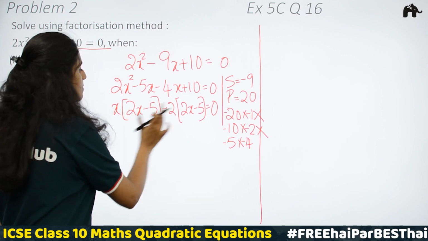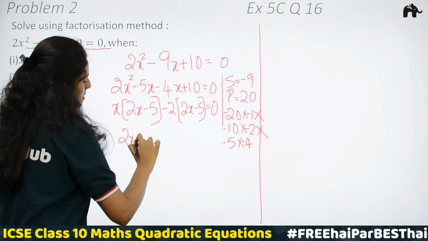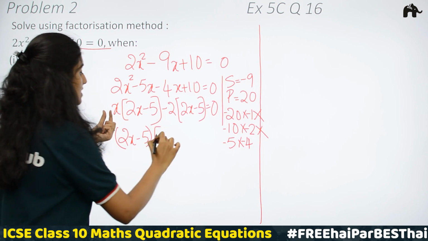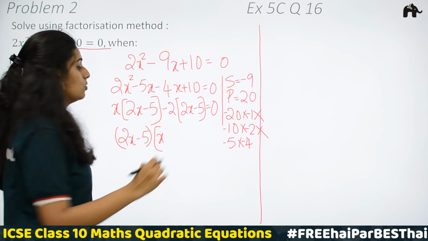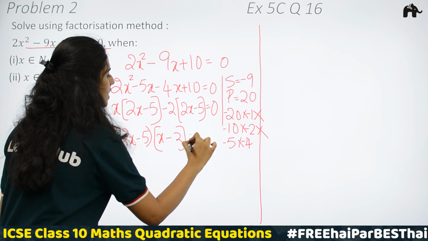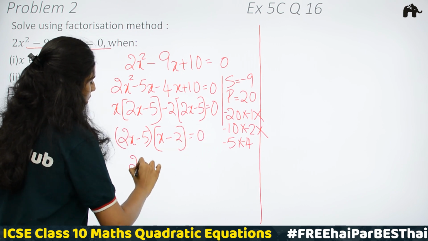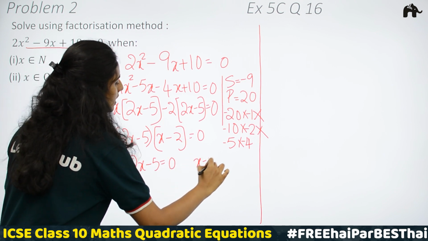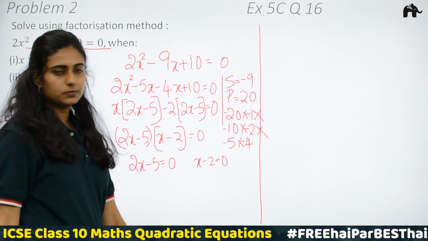Okay. 2x minus 5 is common. 2x minus 5 is taken out. Remaining, from here we have x and from here we have minus 2. x minus 2 is equal to 0. That is, 2x minus 5 is equal to 0 or x minus 2 is equal to 0. Okay.